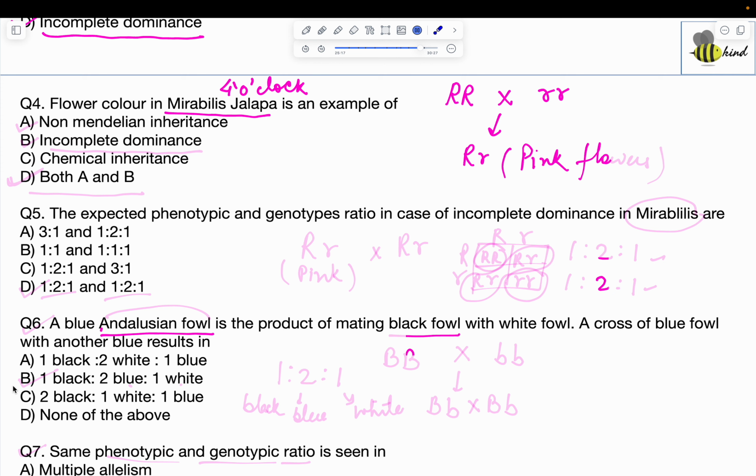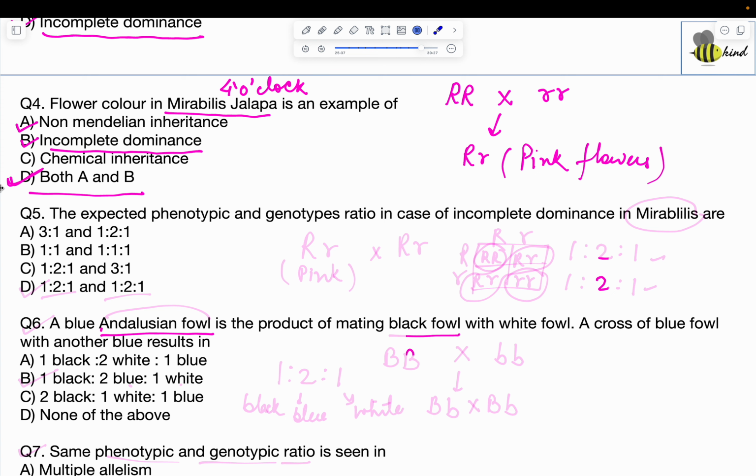So this was the case of incomplete dominance. But you know this very well, that incomplete dominance does not follow the pattern of Mendelian inheritance. So it's also non-Mendelian inheritance, right? So the answer is D, option A and B.